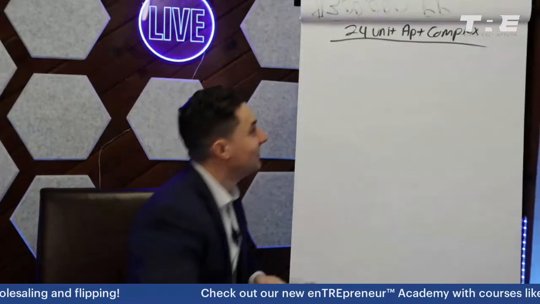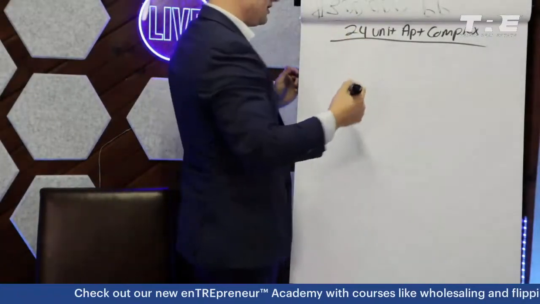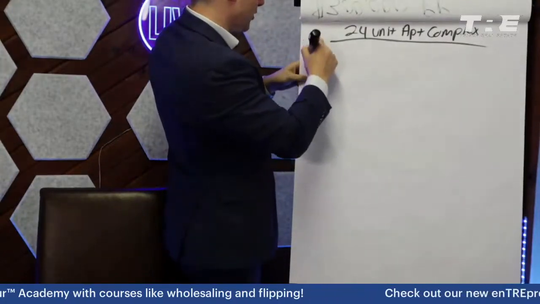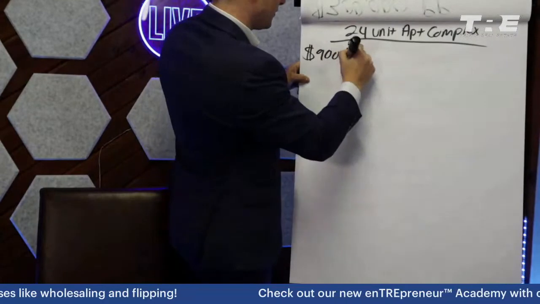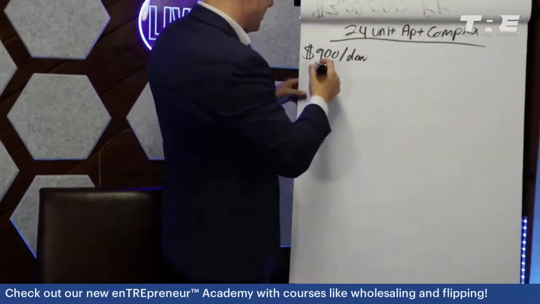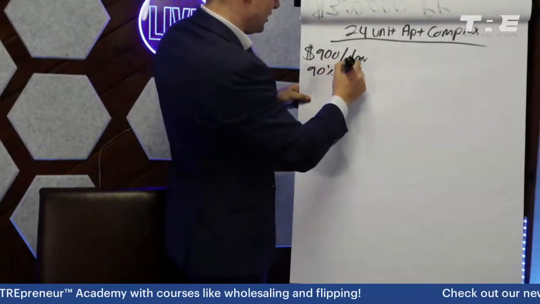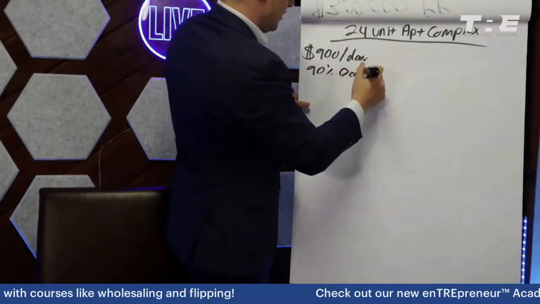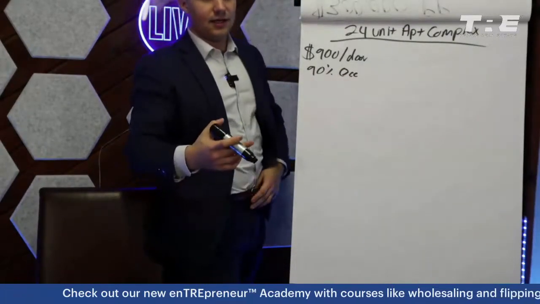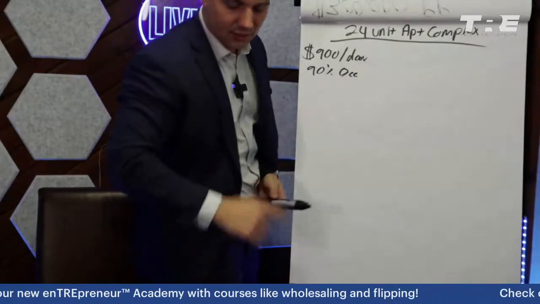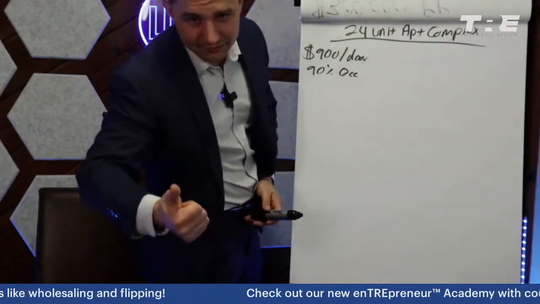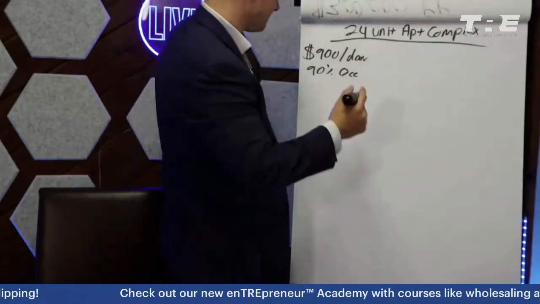You want to run through a 24 unit? All right, go on. All right, so we got 24 units. Let's say each unit is rented out for $900 a door. Let's say the apartment complex stays 90% occupied. Let's say that other income on the deal is, again, late fees, pet rent, stuff like that.